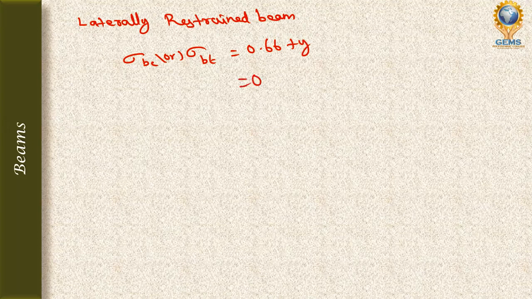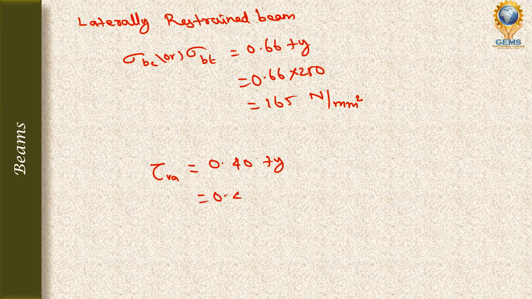So Fy is 250, that is equal to 165 Newton per mm square. This is the maximum bending stress. Then we have to find the allowable shear stress, average tau va. Allowable shear stress tau va is equal to 0.40 Fy, that is 0.40 into 250, that is equal to 100 Newton per mm square.